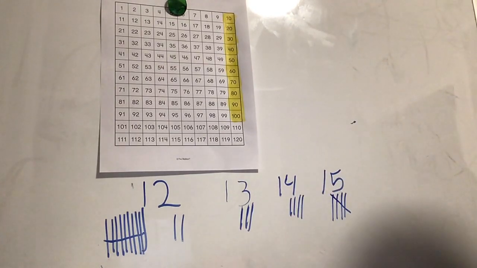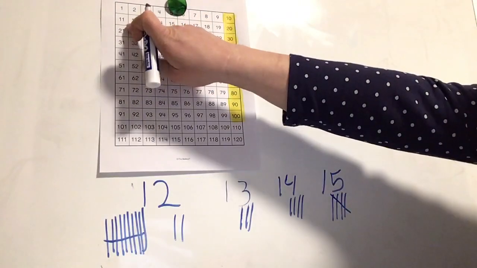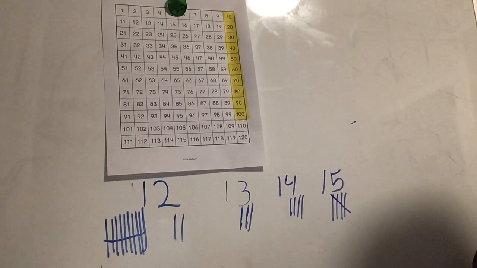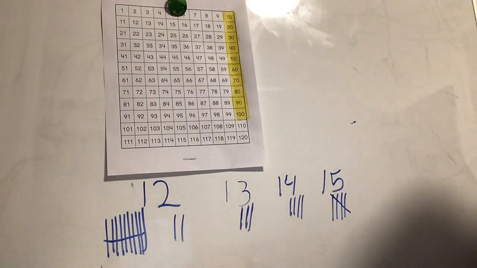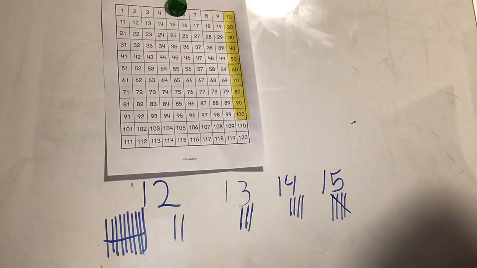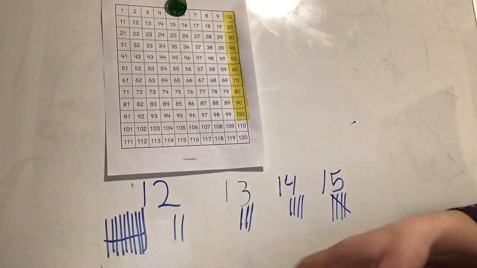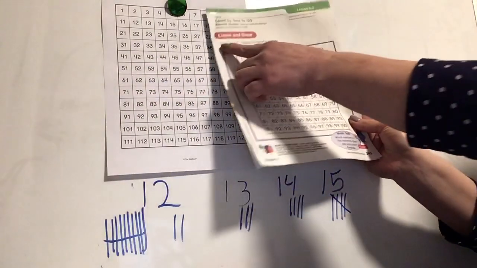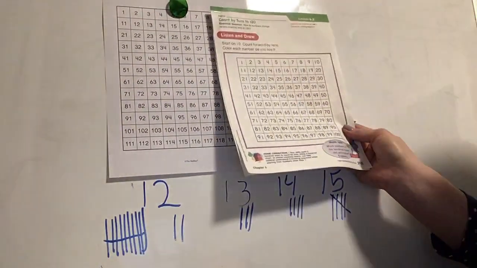So I added straws, so they get bigger by one. So when I count by one, I go sideways, okay? So today we're going to be counting by tens, and we're going to see what's going to happen and how the numbers will change.